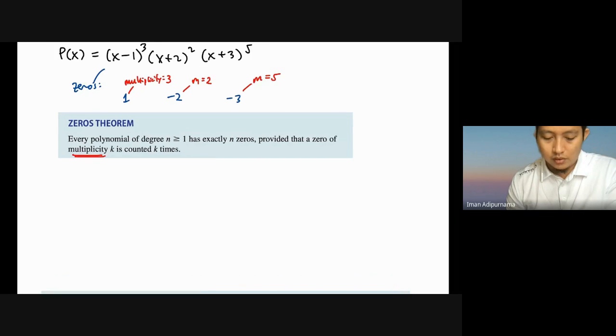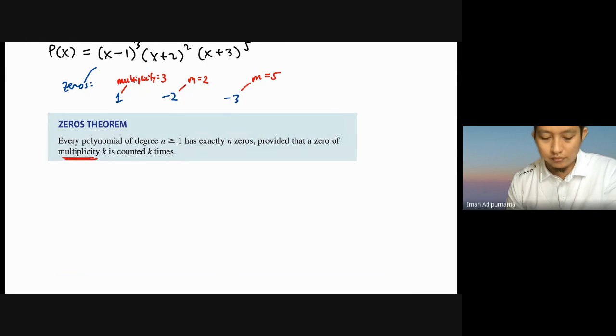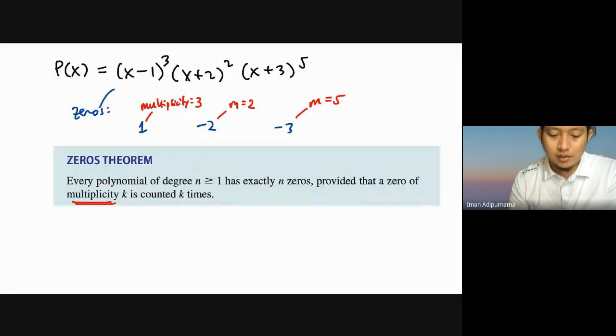So every polynomial that has at least degree 1 has exactly n zeros, provided that a zero of multiplicity k is counted k times. So, for example, for this cube, it has the zero 1 counted 3 times.